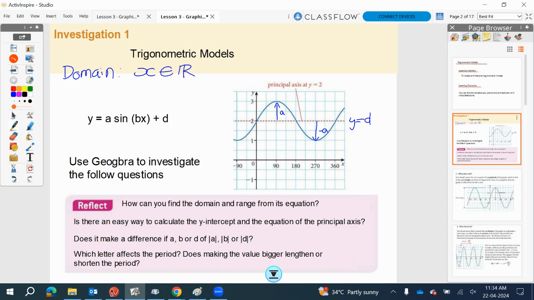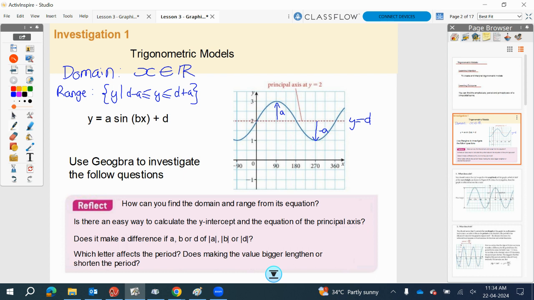So the range of the function is going to be from D minus A up to and including D plus A. A has a special name for us. We call it the amplitude of the function.